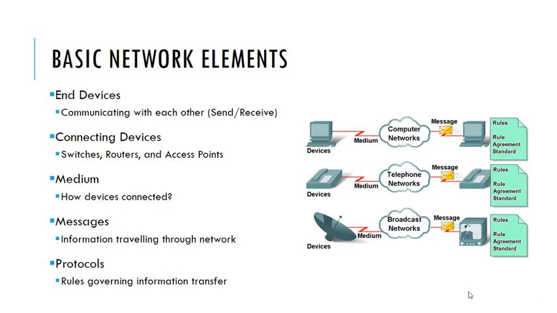The medium used through the network specifies how these devices are connected. Are they connected in a wired way or in a wireless way? Are they going to use the cables or the air as the media of connection? Messages.